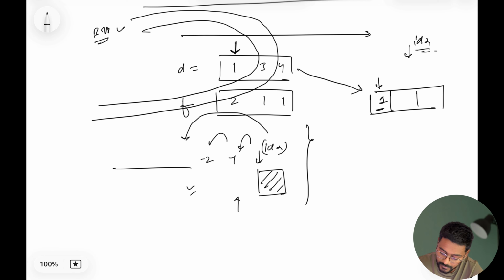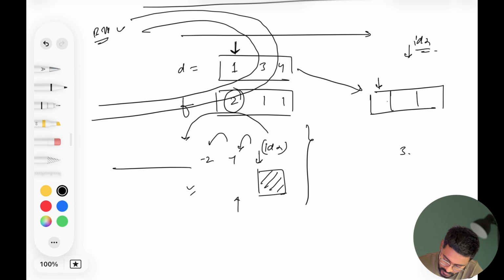If I'm damaging with the damage value 3, I have to omit the 1, I cannot include the 1. So either take 1 or take 3. See, 1 times 2, because 1 is coming 2 times, so it will be 2 here. If I'm including 3, 3 is coming 1 time, so I can give the damage of 3 plus any previous damage.